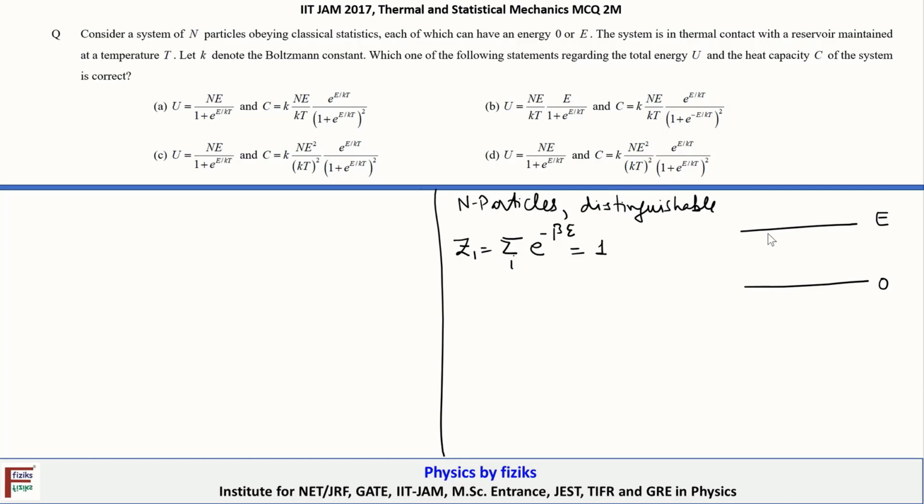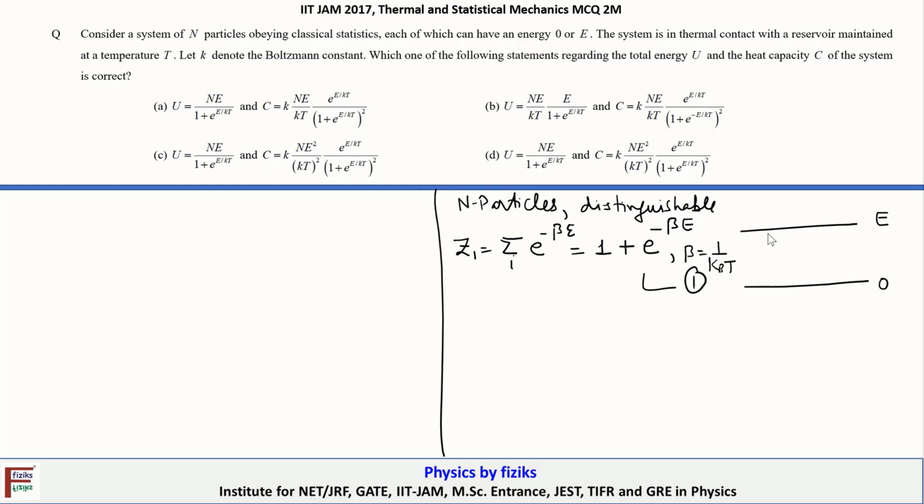Then the second term is exponential minus beta multiplied by the energy, so z1 equals 1 plus exponential minus beta E. Note that beta is equal to 1 by kT, so we will put it in the expression that we obtain at the end. Let's call this equation 1. So this is our partition function.